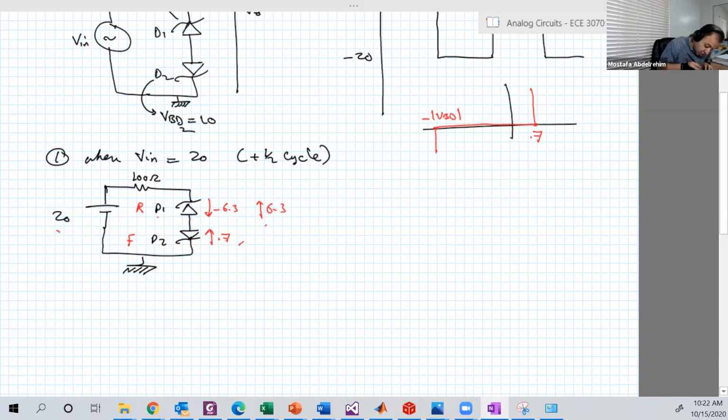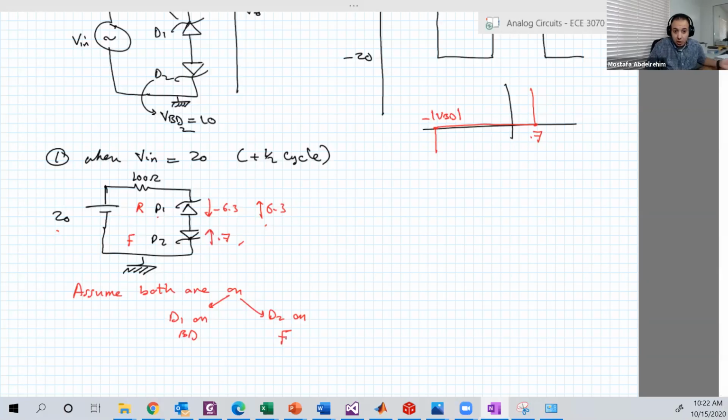So here it's good to assume that both are on. One of them on in forward and the other on in reverse. So D1 on but in breakdown, and D2 is on but in forward. And we're gonna prove it's correct by just calculating the current. And here is VO. VO is simply 0.7 plus 6.3.